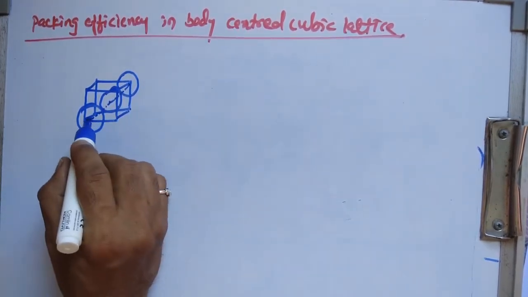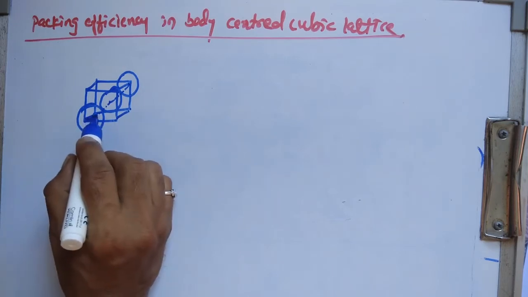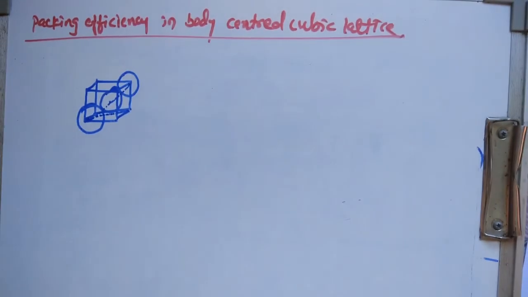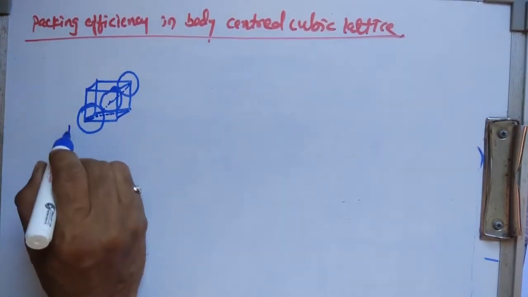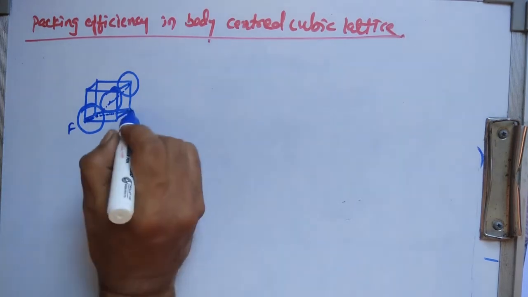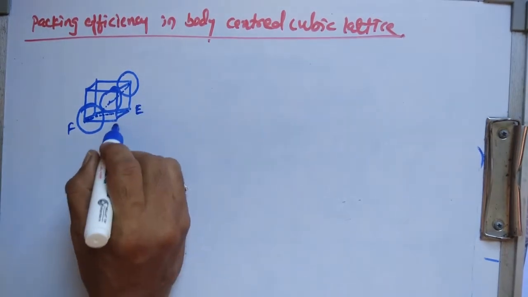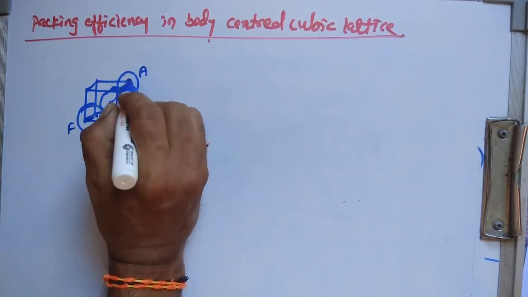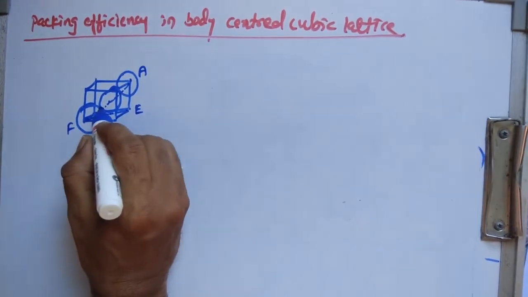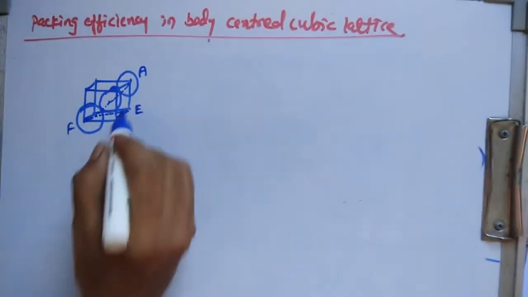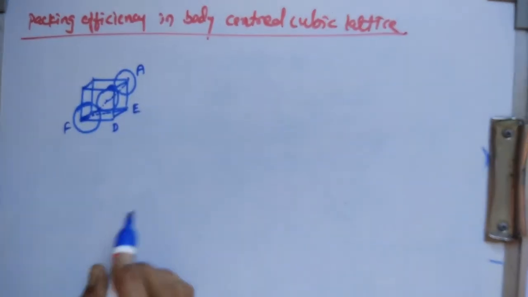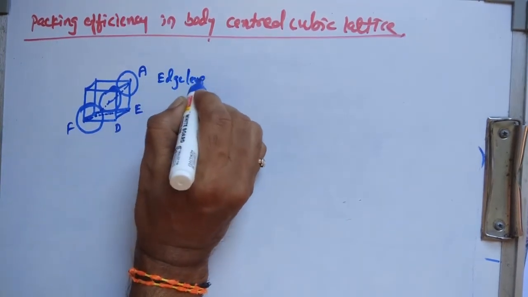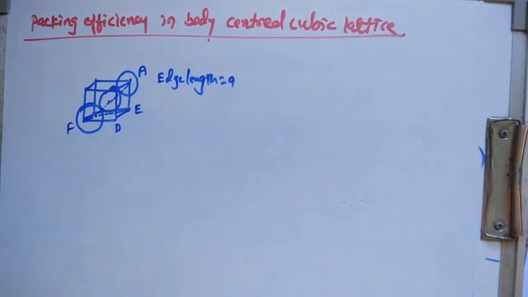and this we can join. Okay, see here, suppose this is the point F and this is point E. This point is D and this point is A. Okay, now see, from here edge length, as usual, is equal to a.